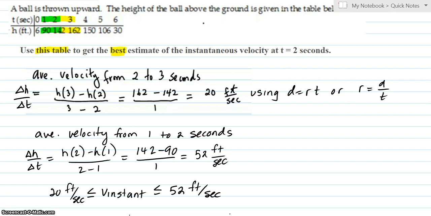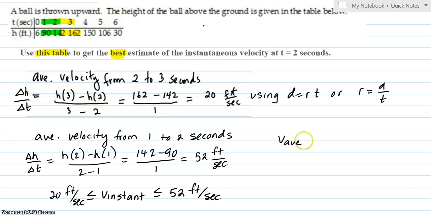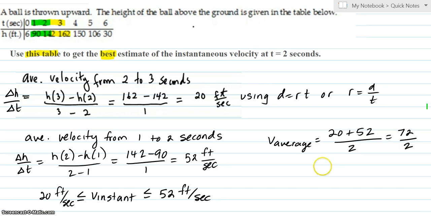So to find that instantaneous velocity, I'm going to look at the average. And how do we find the average? We add the two velocities together and divide by 2. So what would that give us? 72 over 2, which is 36 feet per second.